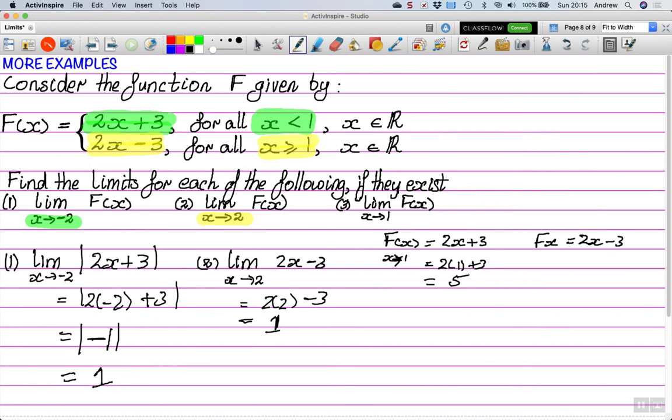X tends to 1 here, so we've got f of 1 is equal to 2 on 1 minus 3, so f of 1 is equal to minus 1.